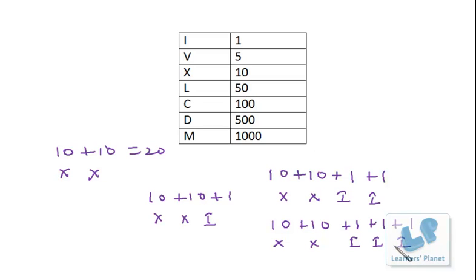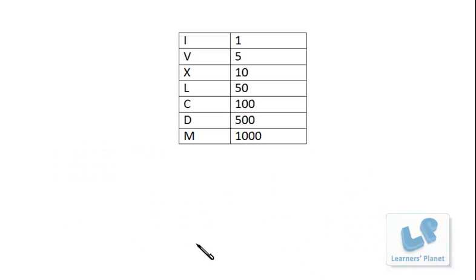Further, there is a twist if we have to write down 24. Now what do we do? 24 is 10 plus 10 plus 4. Further, we cannot write I 4 times. So what do we do? We will deduct 1 from 5.